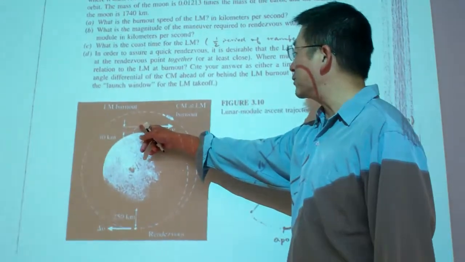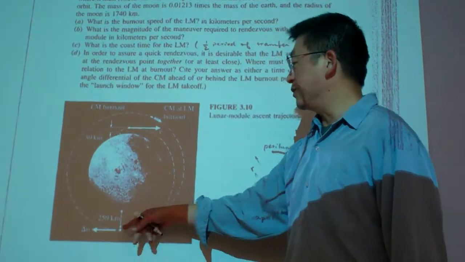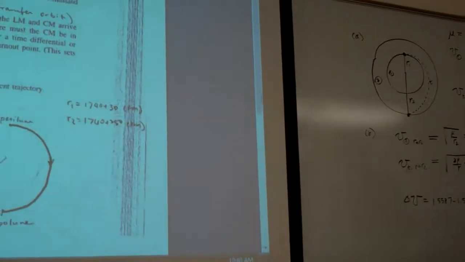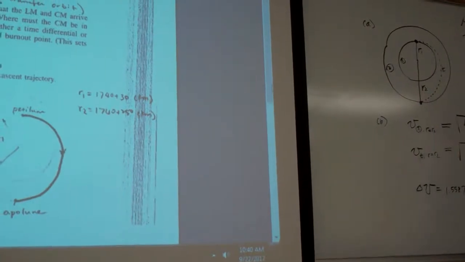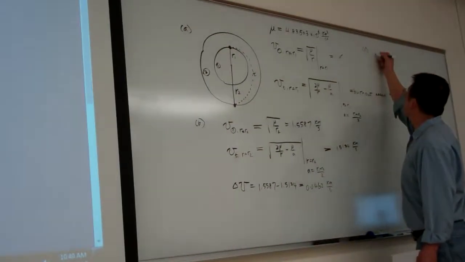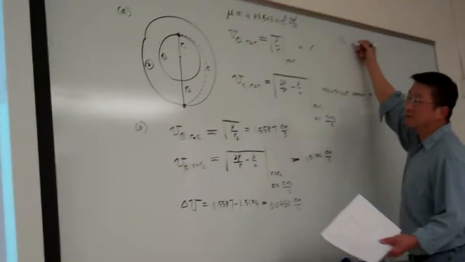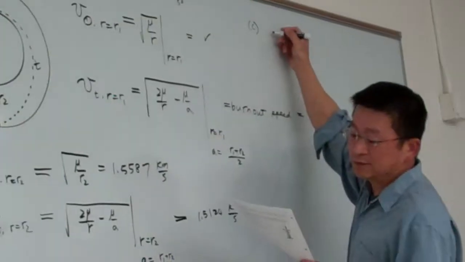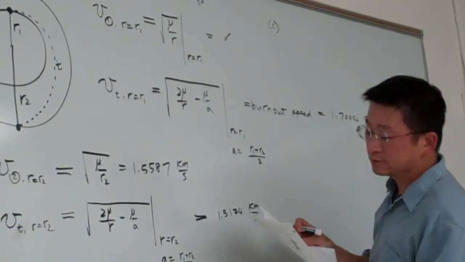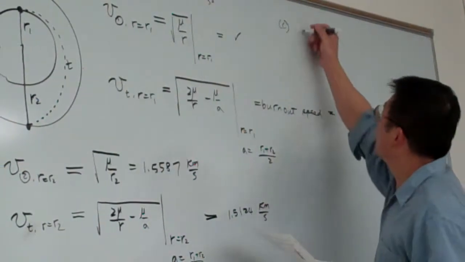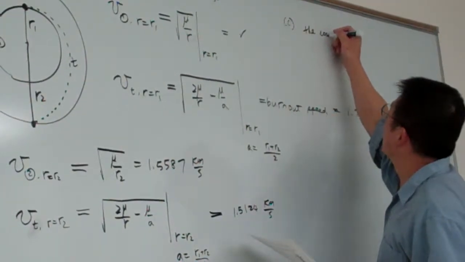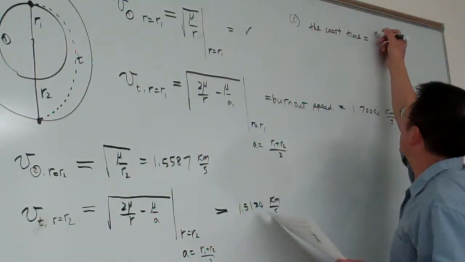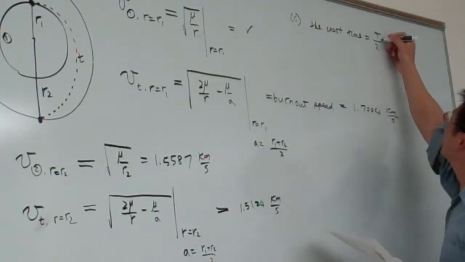Okay, and part C, what is the coast time? That means the time spent from here to here. Basically, that is a half cycle, the half period of the elliptic orbit. So for this case, that is basically the phasing time, equal to half of the cycle.